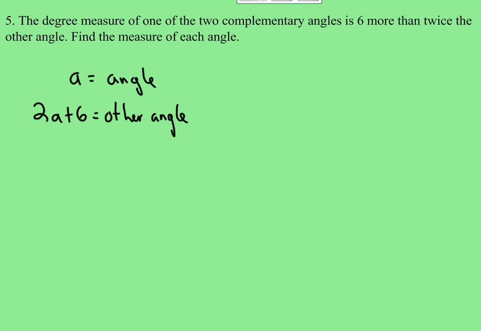These two together are complementary, so A plus 2A plus 6 equals 90. So, just like an algebra problem.